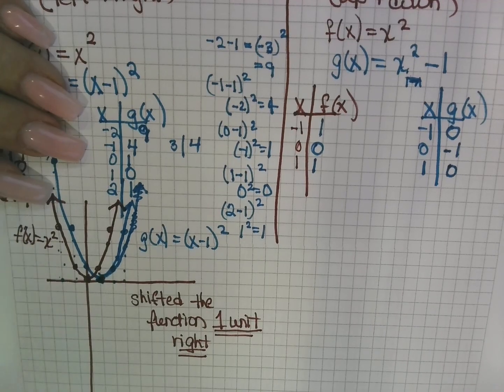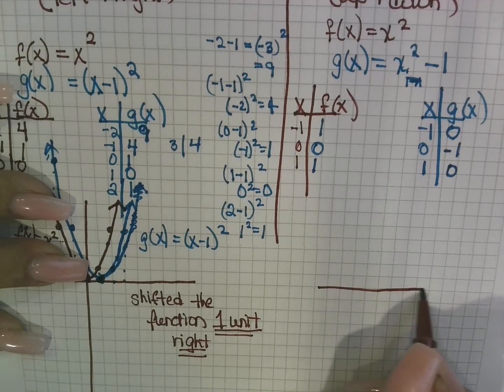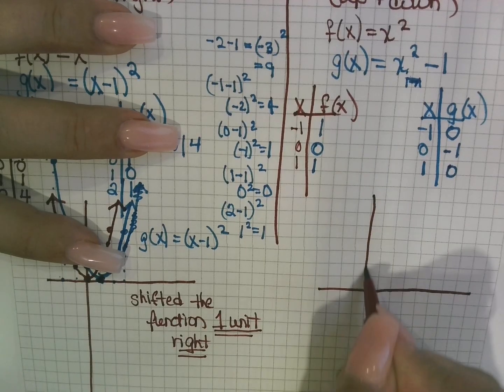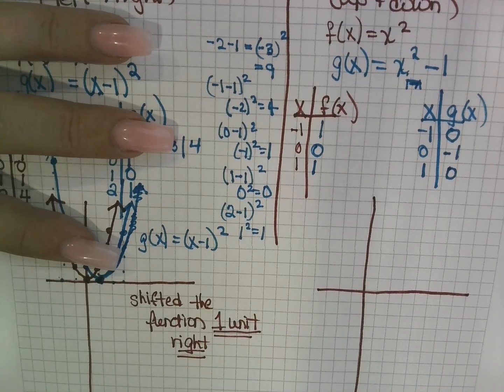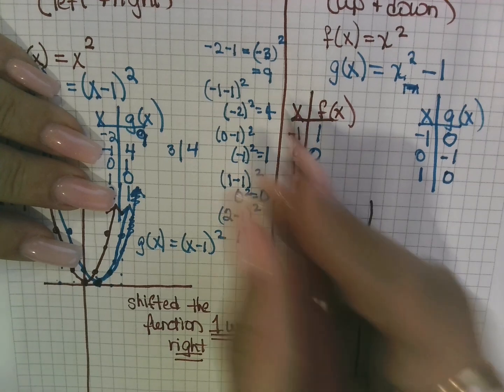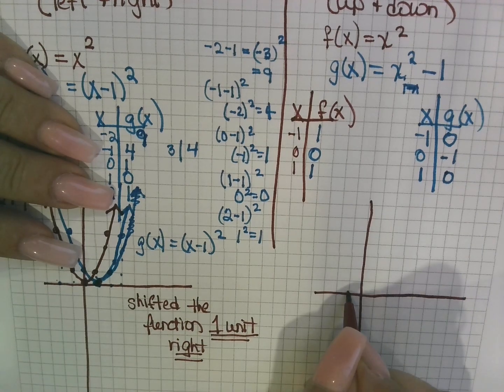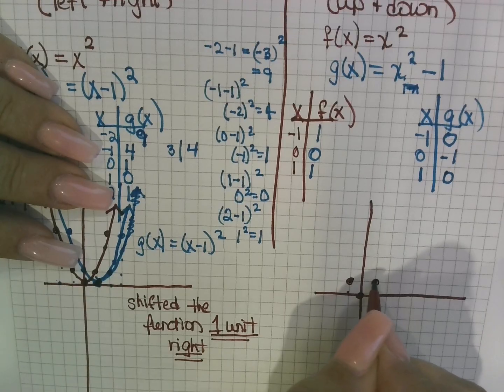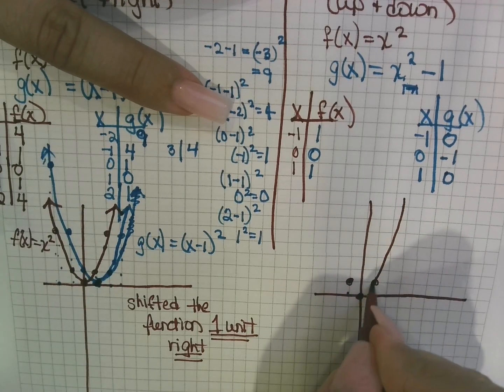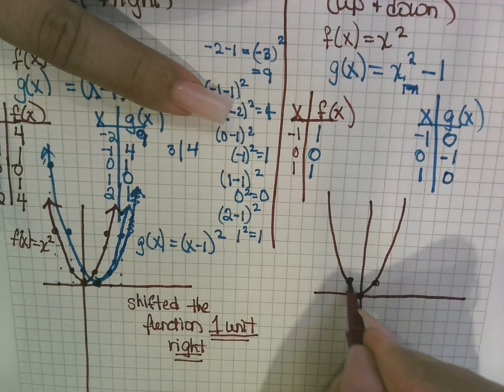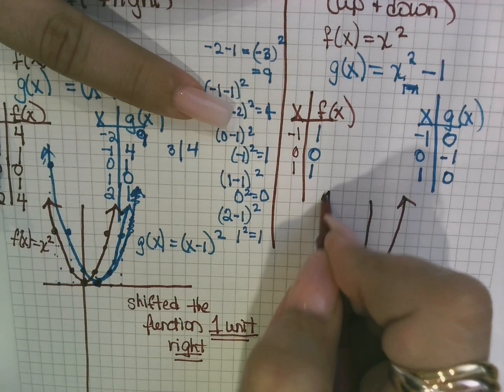So let's go ahead and graph these 2 together. Okay, so my f of x is at (-1, 1), (0, 0), and (1, 1). And again, we know the shape pretty much. By now, we should know it.